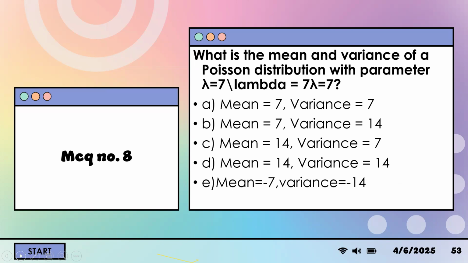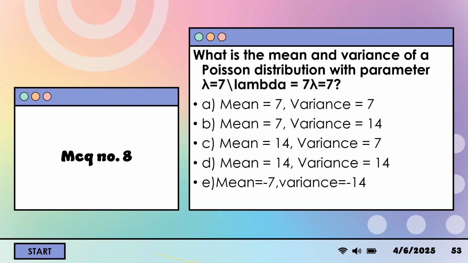MCQ number 8, what is the mean and variance of the Poisson distribution with parameter lambda equal to 7? Mean would be 7, variance would be 7. Mean would be 7, variance would be 14. Mean would be 14, variance would be 7. Or mean would be 14, variance would be 14.